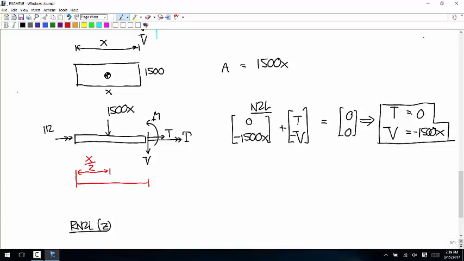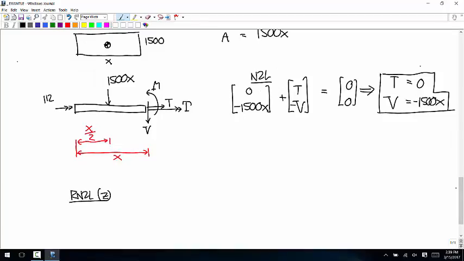This distance is x. Does the torque of 112 produce a moment about the z-axis? No. How about the 1,500x? Yes, and its moment arm is x over 2. So we have x over 2 times the magnitude, 1,500x.